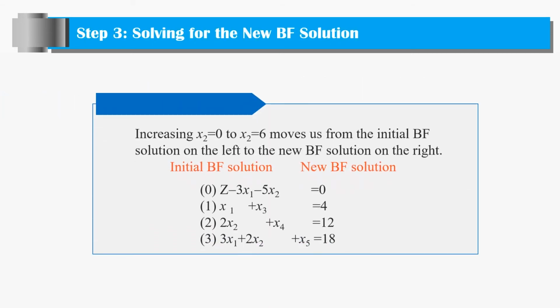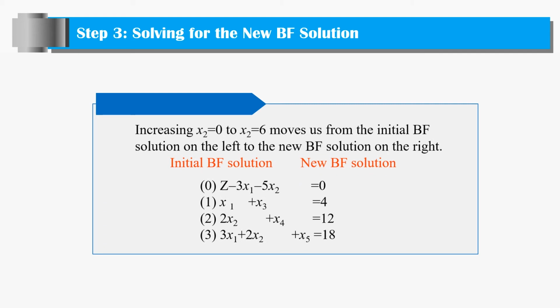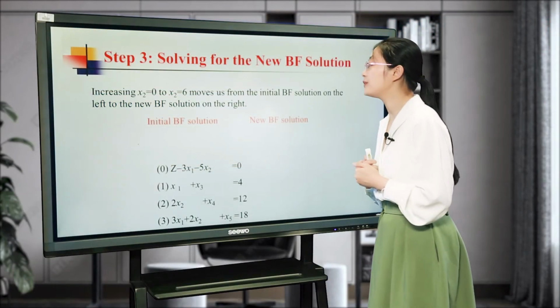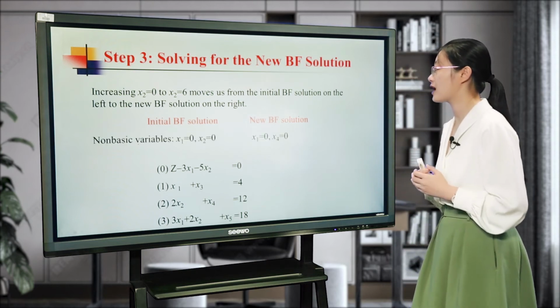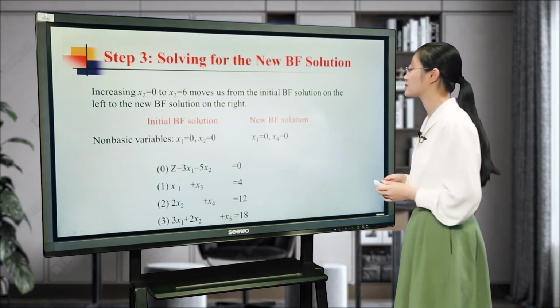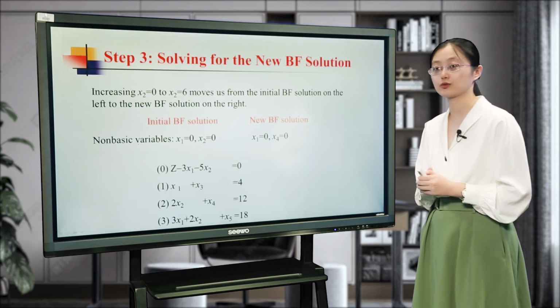Next, in our initial BF solution, x2 equals 0, x1 equals 0, they're the non-basic variables. In our new BF solution, x2 equals 6 is a basic variable. Then the non-basic variables are x1, x4, both equal to 0.